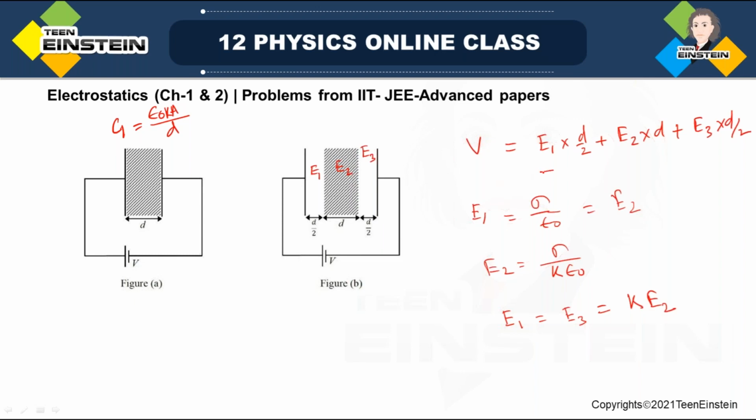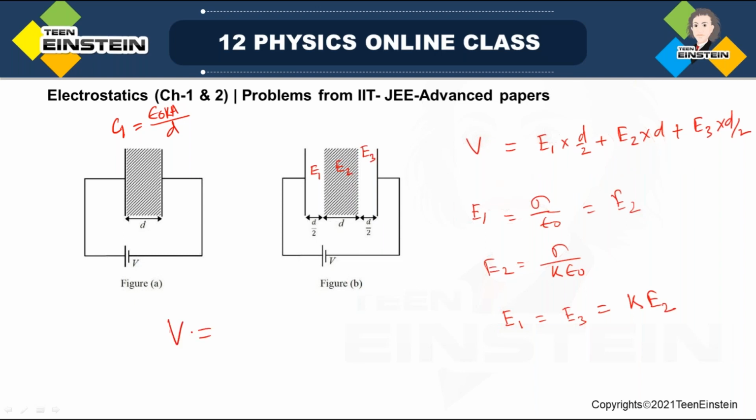So we write here E1 is equal to k E2, into d by 2, which makes 2 into d by 2, so this is k E2 into d, and here it is E2 into d. Let me write another line over here.